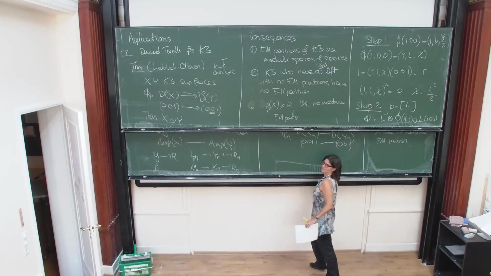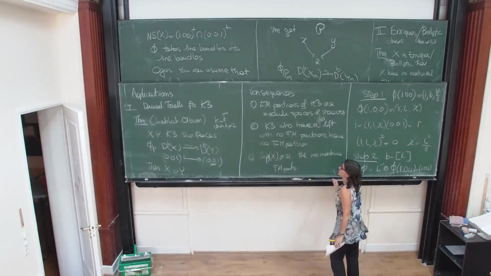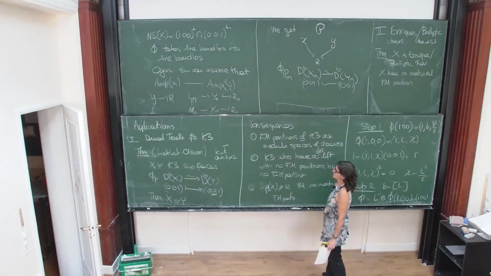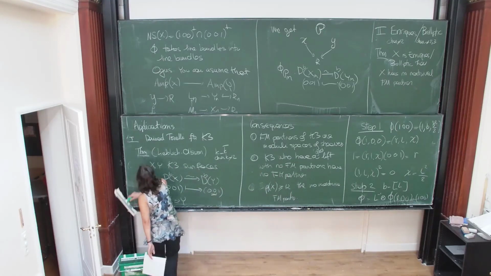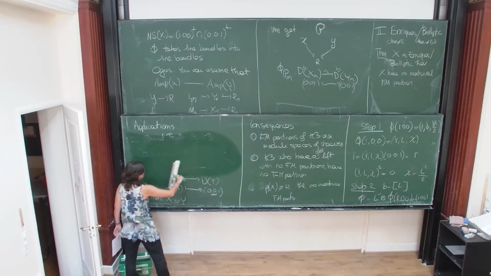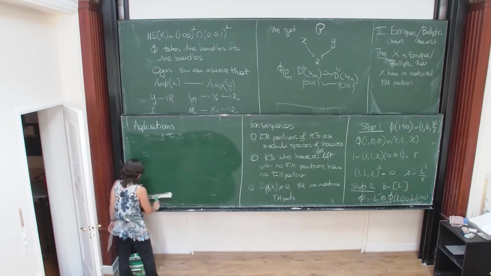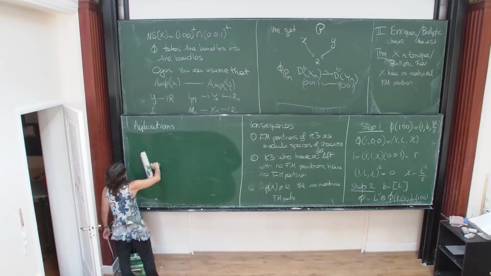Over the complex numbers, by base extending, you get basically any algebraically closed field of characteristic 0.